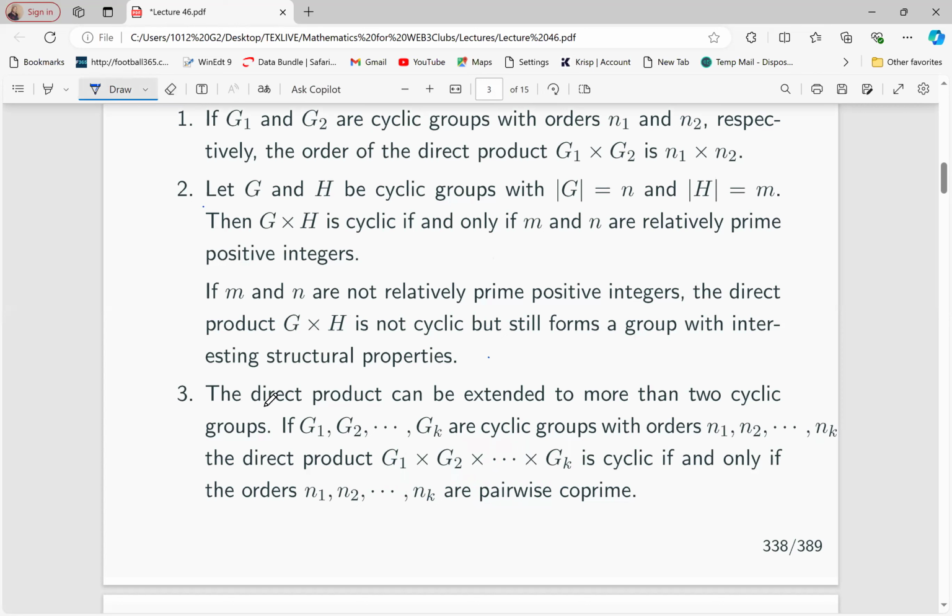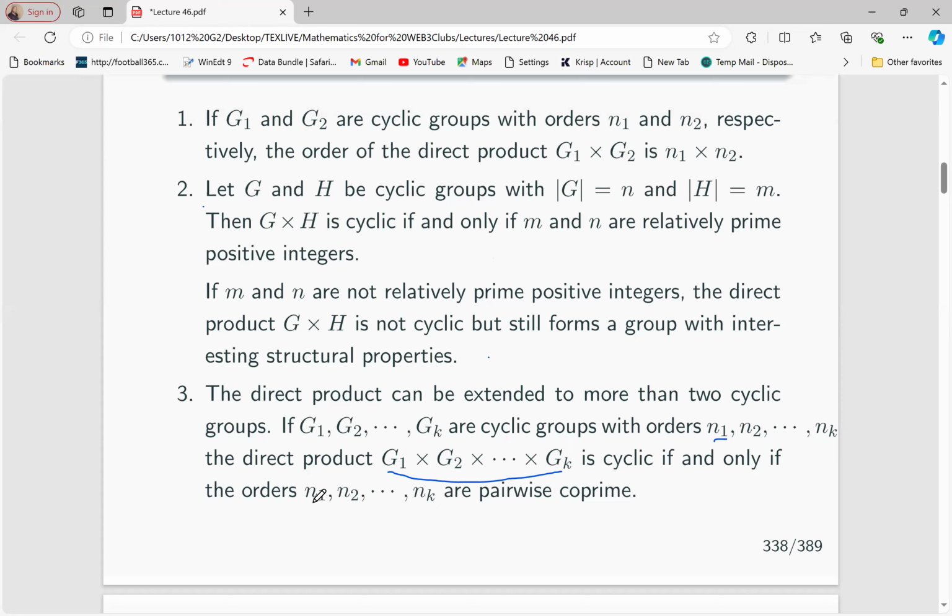That's why I said the direct product can be extended to more than two cyclic groups. For instance, if you have G1, G2 up to GK, which are cyclic, and their orders are N1, N2, N3, and up to NK, then we consider the orders pairwise and see if the pairs are relatively prime.